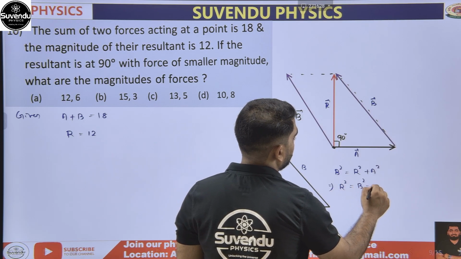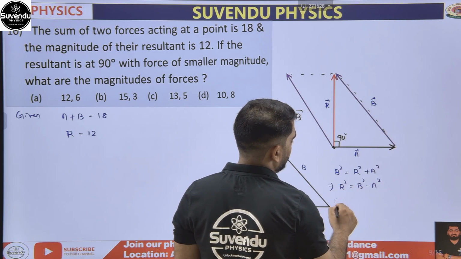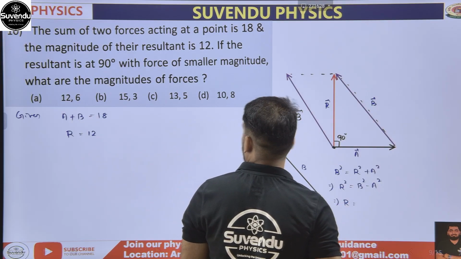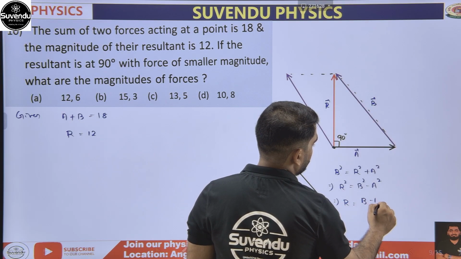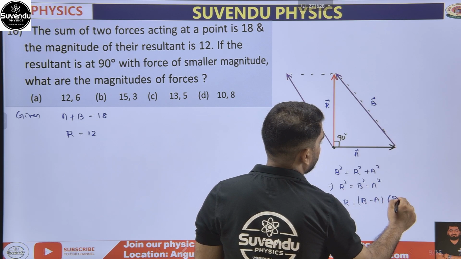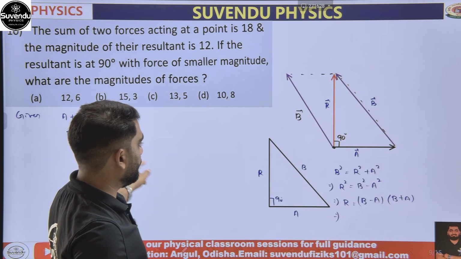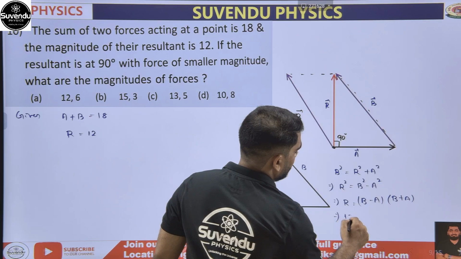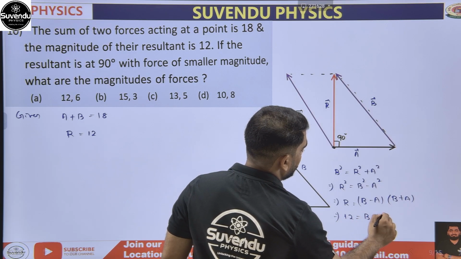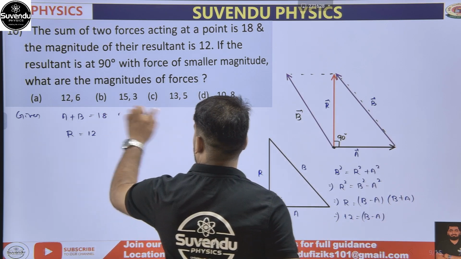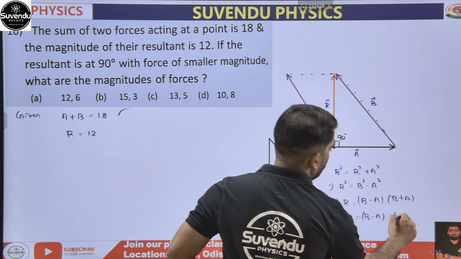B square minus A square. And B square minus A square is what? B minus A into B plus A. Very good. And we know R is mentioned as 12. So write it as 12 equal to B minus A into B plus A, which is 18.